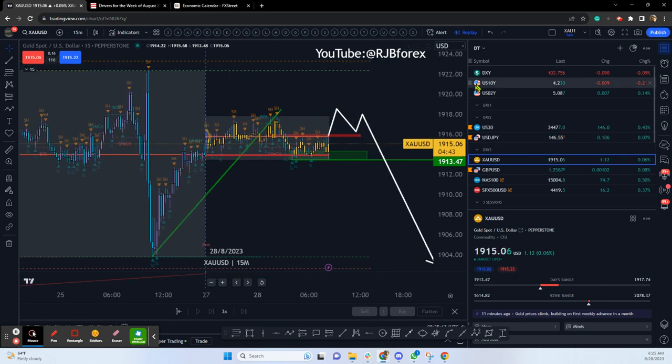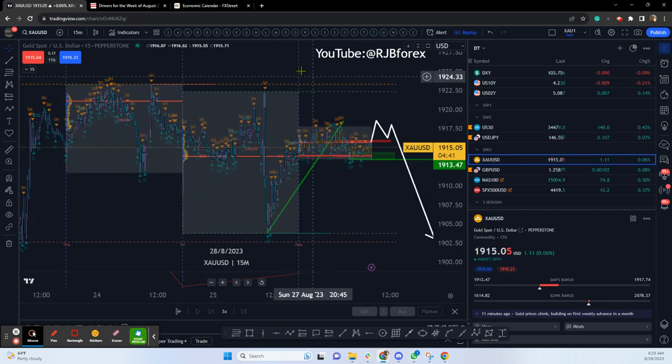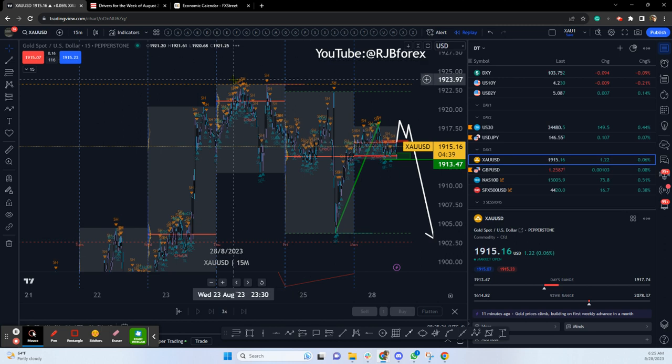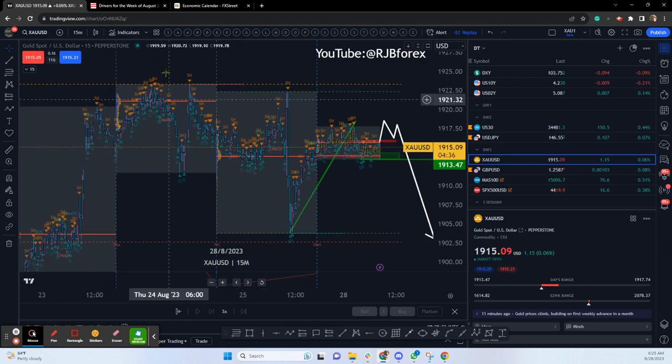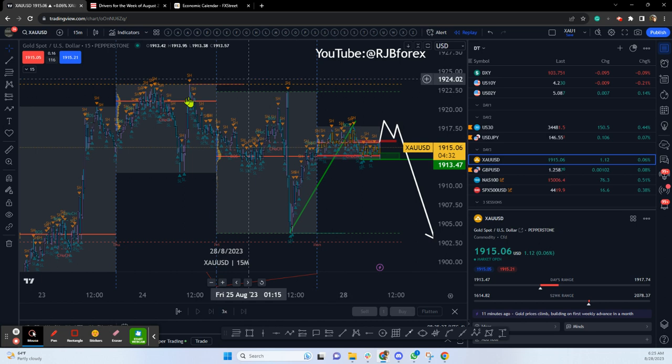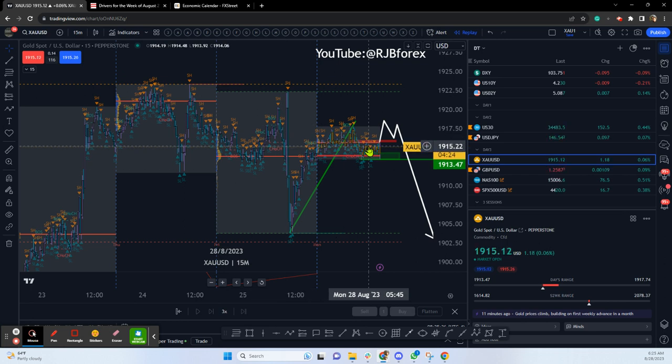Right, so that's where we're at with gold. On Thursday, it came up high, failed, 1, 2, day 3. So this is day 3 in the 3-day cycle. Lower highs.